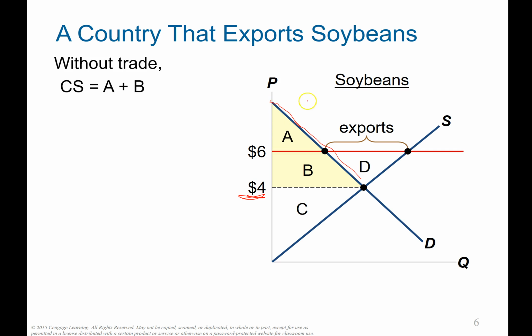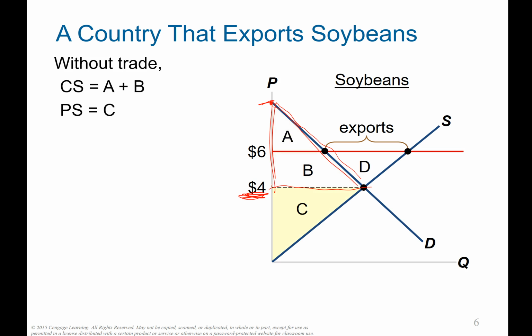So the amount of consumer surplus before they trade is going to be the area of A and B. So really, if we were to measure this, it'd be the area of this triangle here. And we could do the numerical value of it, but we don't have the number that would go there. But you get the idea that the area of consumer surplus, the difference between what people are paying for it, and this is before trade, of course, versus what people are willing to pay for it, is right here, the difference, the area of A and B.